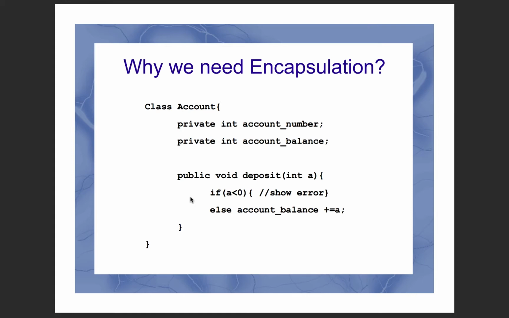However, a user or another class can manipulate any private variables using this public method. If you see inside the public method, they have the account balance variable which can be updated and modified, but this variable is private.